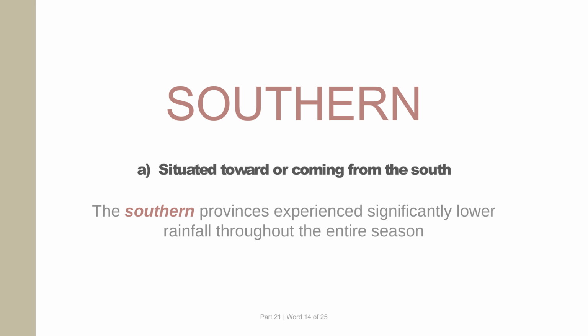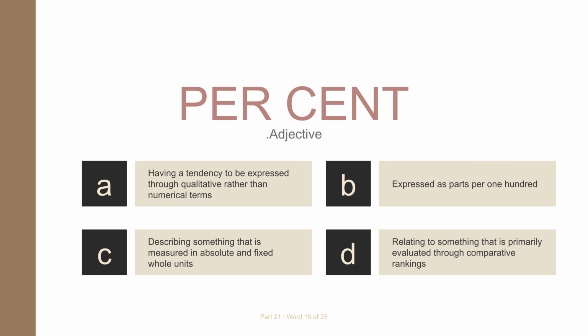Question 15. What is the meaning of percent? Option A. Having a tendency to be expressed through qualitative rather than numerical terms. Option B. Expressed as parts per 100. Option C. Describing something that is measured in absolute and fixed whole units.